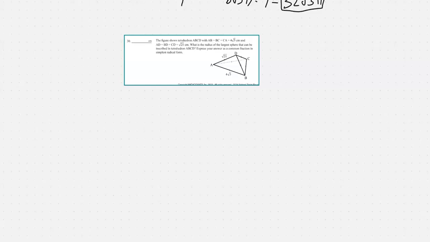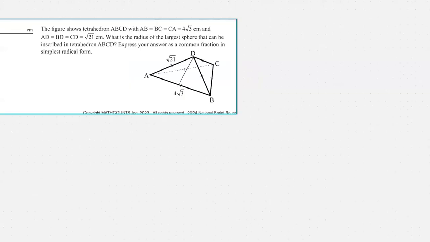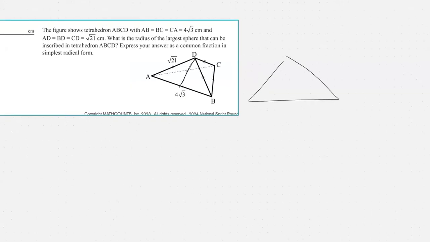You take the height from D on ADB. You get this triangle. You have root 21, and you have 2 root 3. It is definitely isosceles, and this is root 9, which is also just 3.